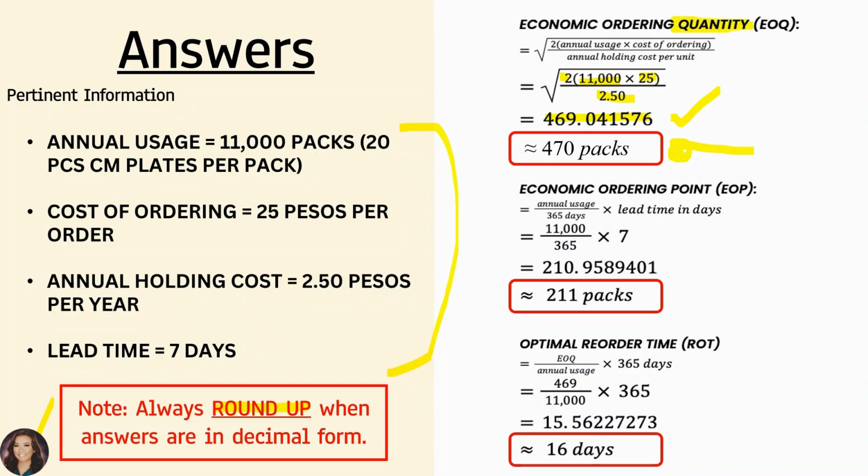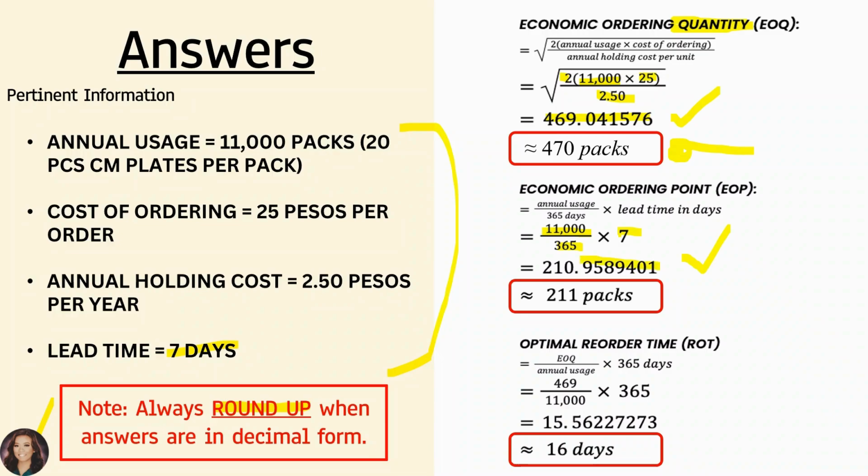Yun yung how much. What about the point? Ano yung lowest point or lowest level at which alam na natin na kailangan nating mag-order ulit? Annual usage is still 11,000 divided by 365 times your lead time na 7 days. And you get here 210.95 and so on.